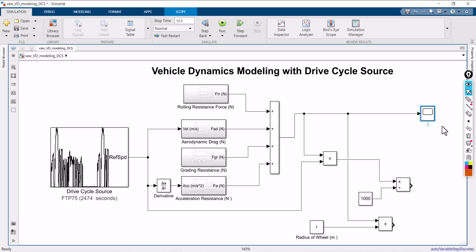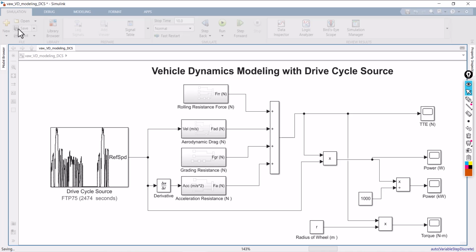This one is actually the total tractive effort in Newton. This is power required in watt. That's all.